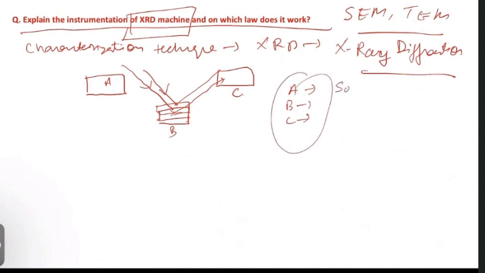A is the source, ma'am. Yes. And what kind of source is it, from which material are we generating X-rays? The source is generating X-rays. Agree? These are X-rays.